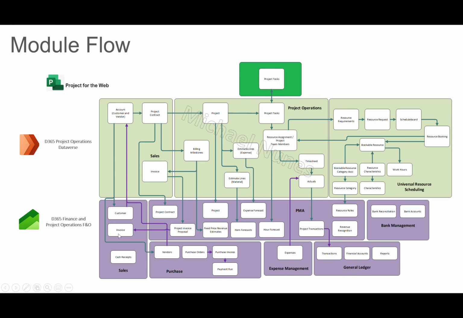When we look at finance and operations, that has its own ledgers, its areas and modules: sales, purchasing, expense management, general ledger, bank management, and of course PMA. But the PMA side of things is now more of a holding area for transactions, as a lot of functionality has moved to be operational within the Dataverse side.